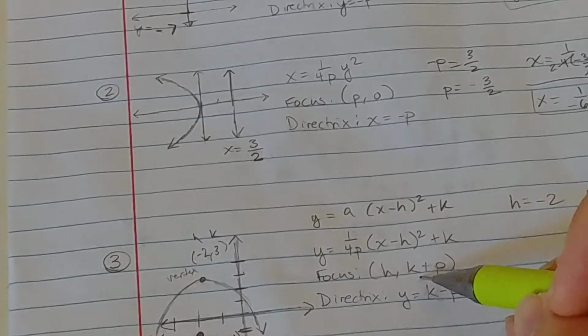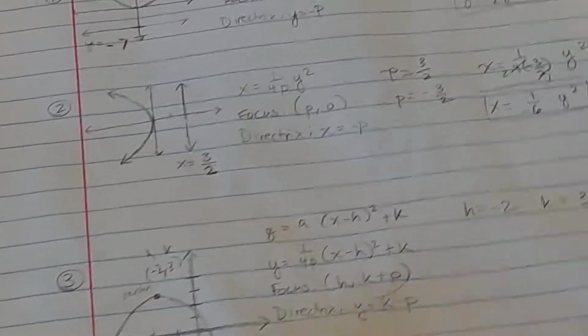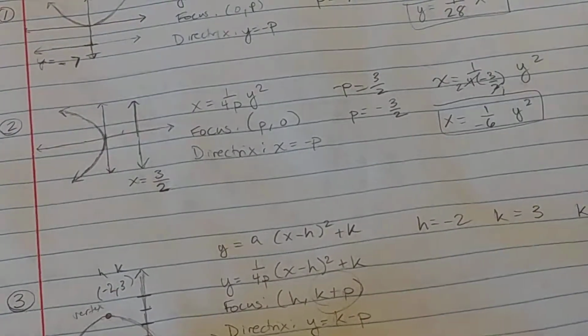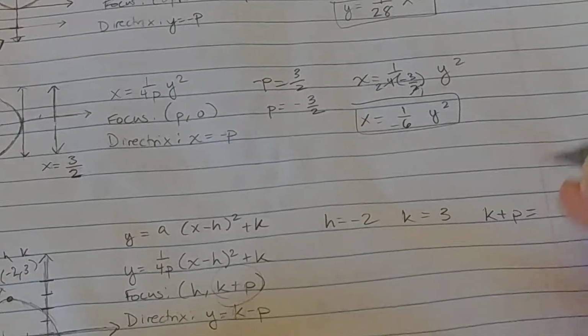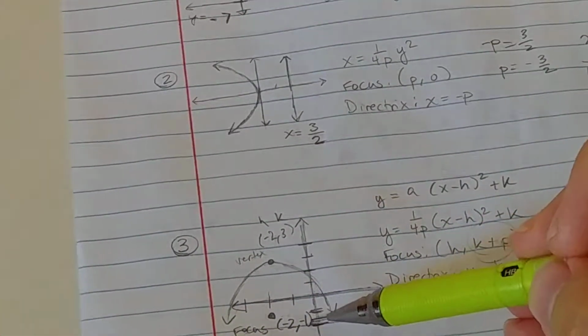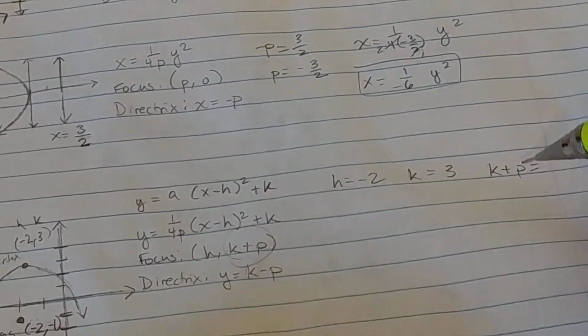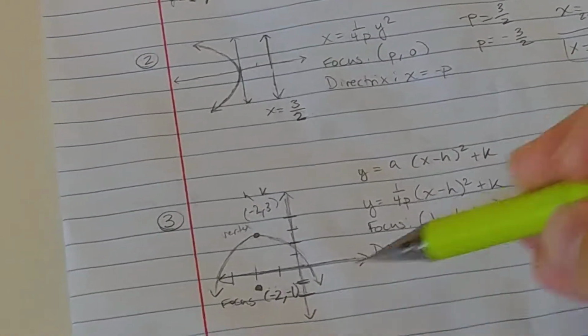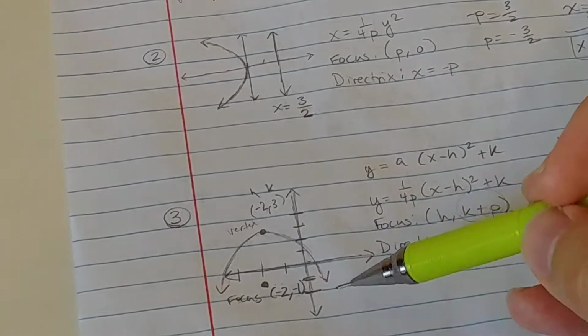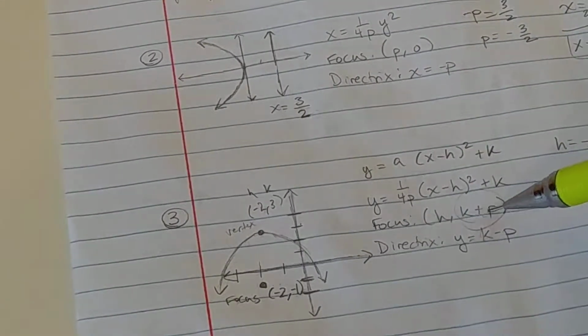So we need to find the p. We're going to set k plus p equal to the y of the focus, which is negative 1, because that's where the k plus p is.